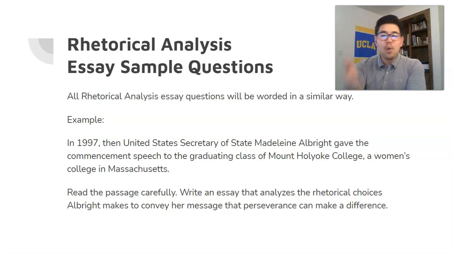They already give you one aspect of the rhetorical situation, message. And now all you've got to do is take that thesis and say, here are the rhetorical choices that I'm going to analyze that convey that message. They've already done half of the thesis for you, so don't overthink it too much. And then they'll give you the passage, and you should read it and apply the rhetorical choices that you find.